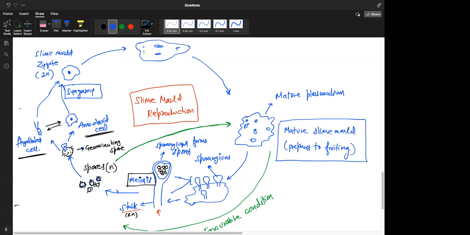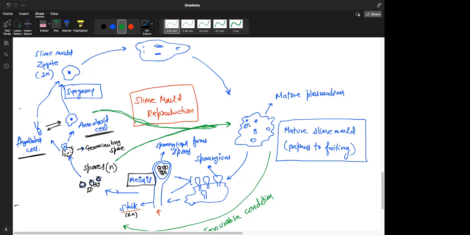It either becomes an amoeboid cell, and this amoeboid cell can directly develop into this. It can just grow big and develop into this sometimes. But sometimes it undergoes syngamy with the flagellated cell as well and becomes a zygote, then a 2n slime mold, and then comes to this part.